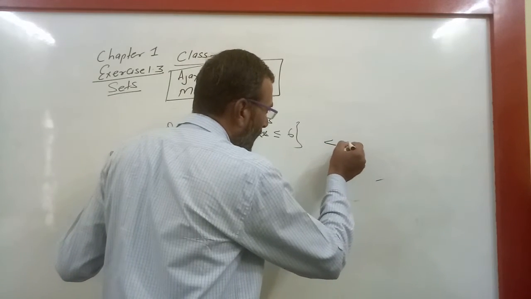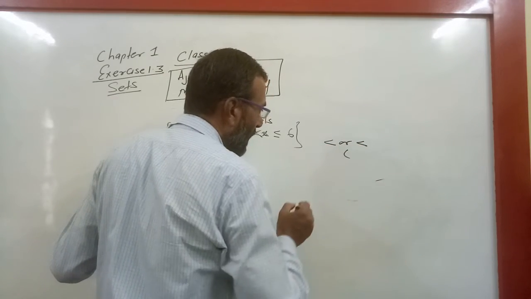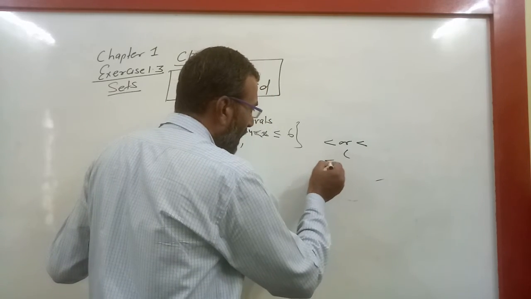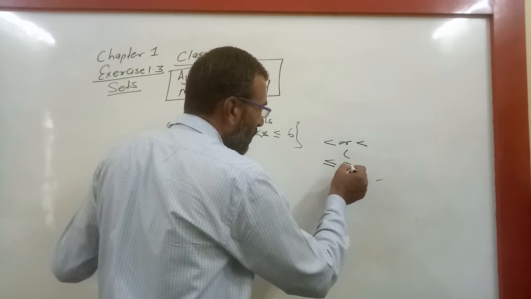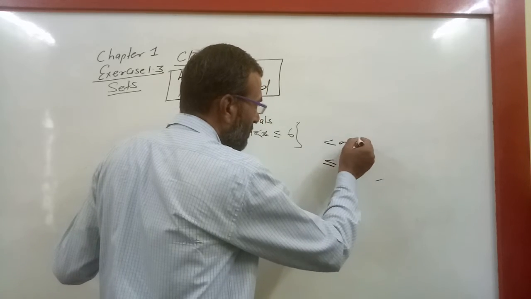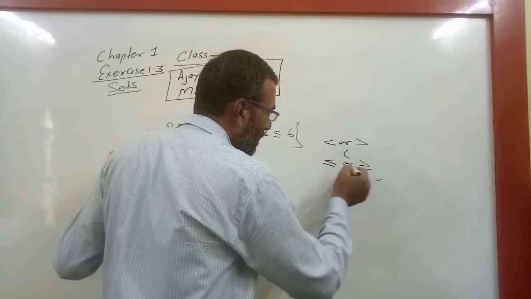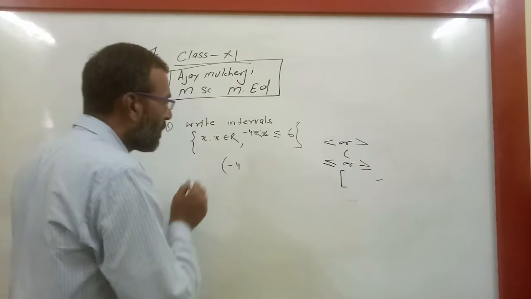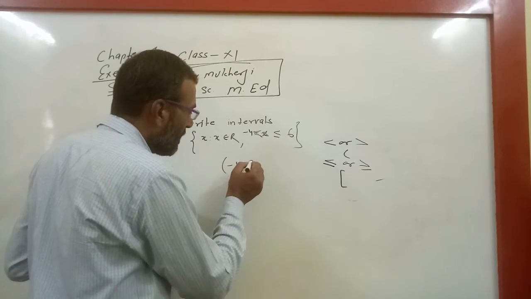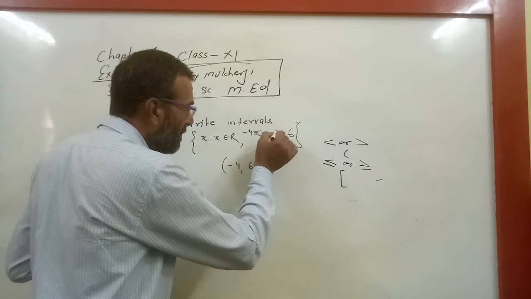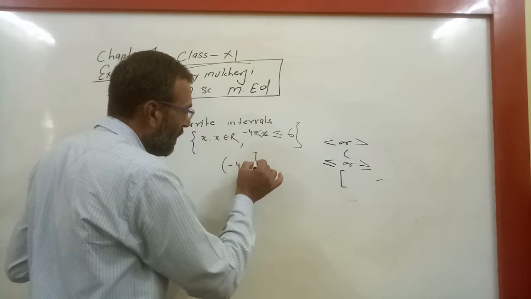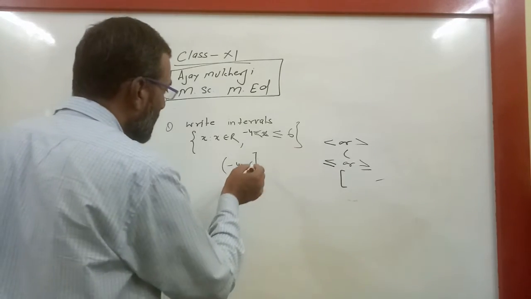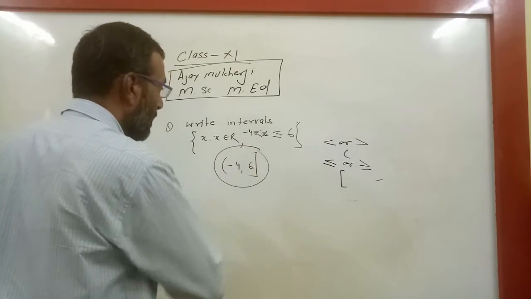Greater than और less than के लिए children हमेशा small bracket ही आएगा. और यदि ये वाले sign लगे हो तो इसके लिए square bracket का sign आता है. तो -4 की तरफ small bracket लगेगा. और यहाँ 6 दे रखा है, 6 की तरफ, यदि less than or equal to का sign है तो ये वाला bracket लगेगा. This is the representation of the interval.